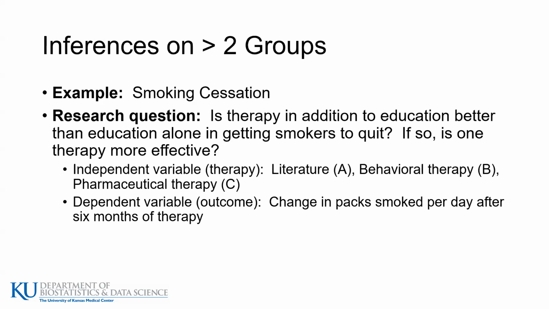day. So the outcome is continuous, but here we have 3 groups, so we can't use a 2-sample t-test. The approach that we'll use is what's called an analysis of variance, or an ANOVA.